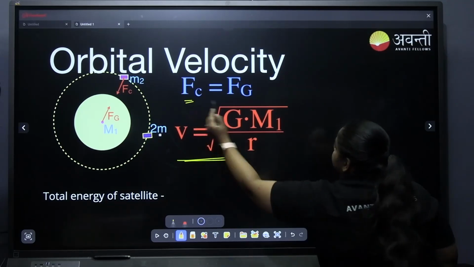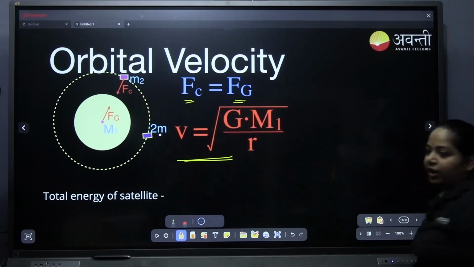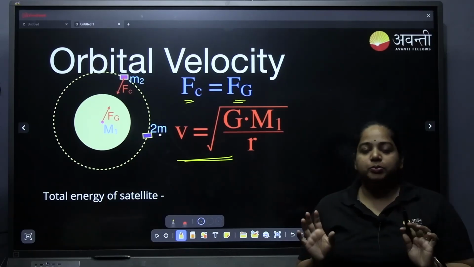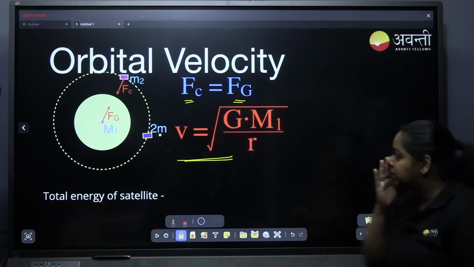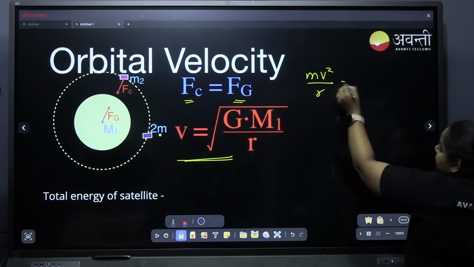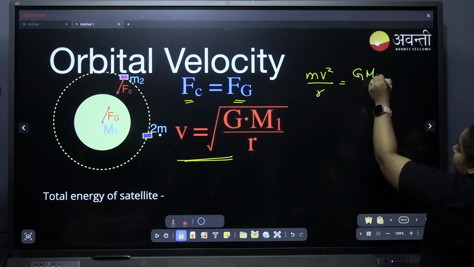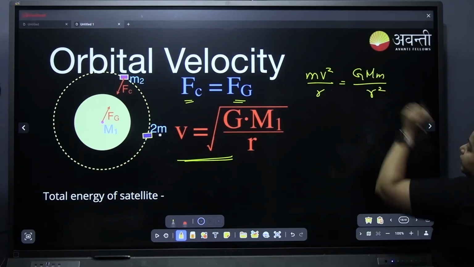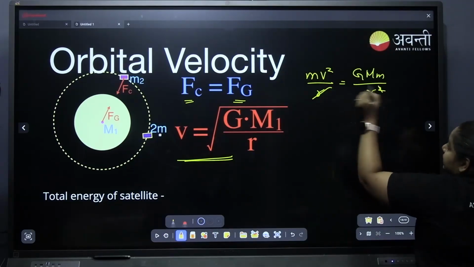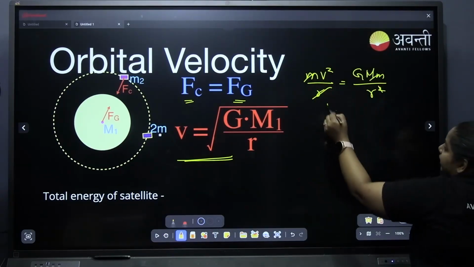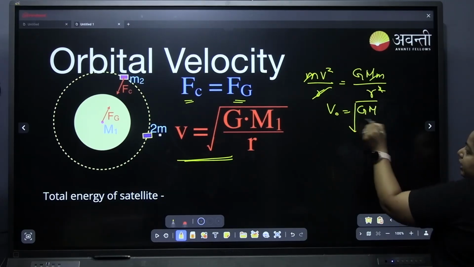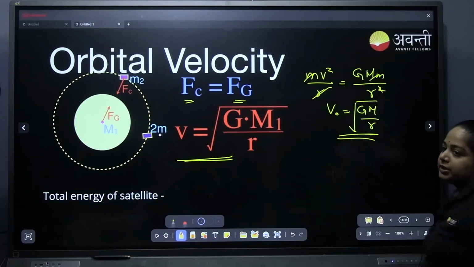We are putting centripetal force equal to force of gravitation, because if a satellite is orbiting the Earth, the only force present is gravitational force. So we can equate mv square by r is equal to GMm by r square. Cancelling m and r, we will get orbital velocity equal to root GM by r. This is the formula.